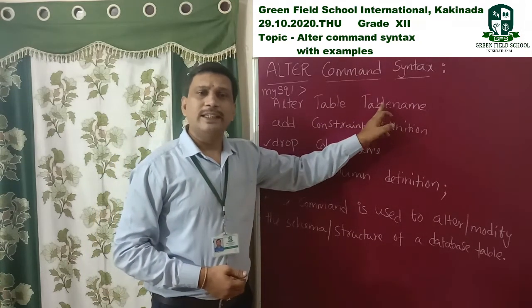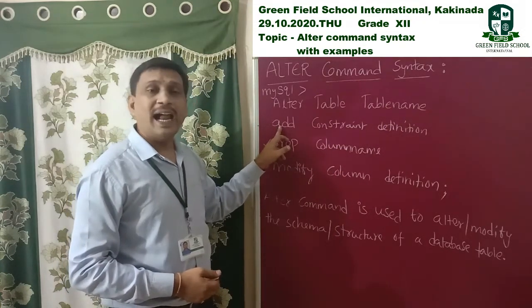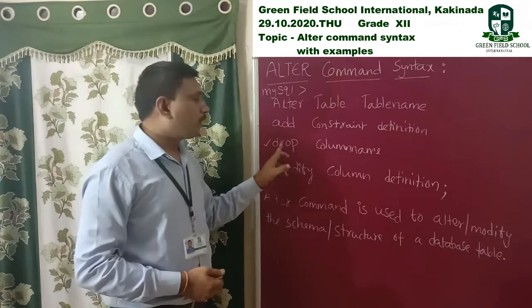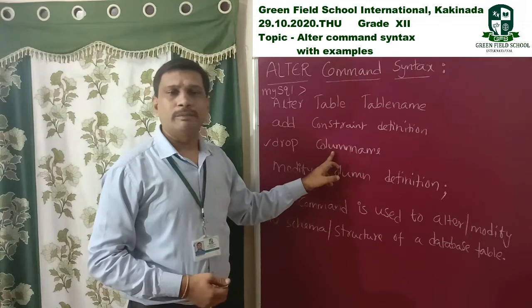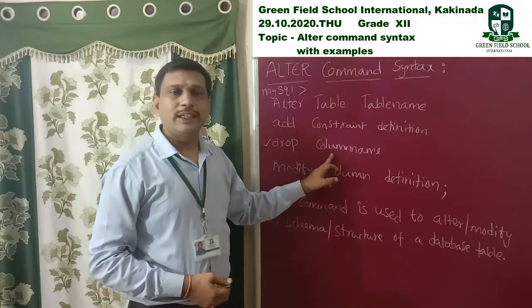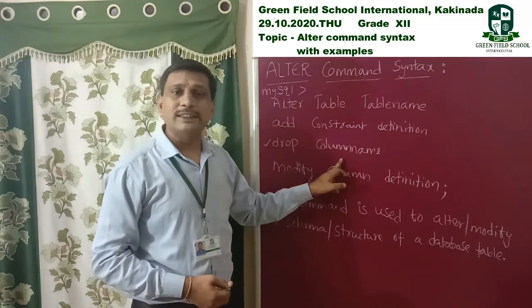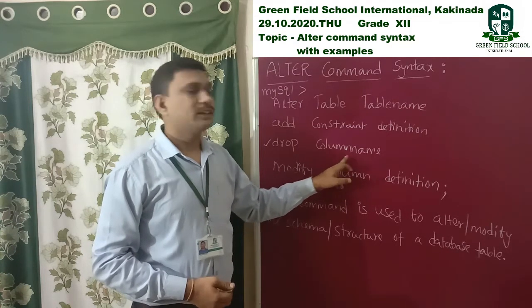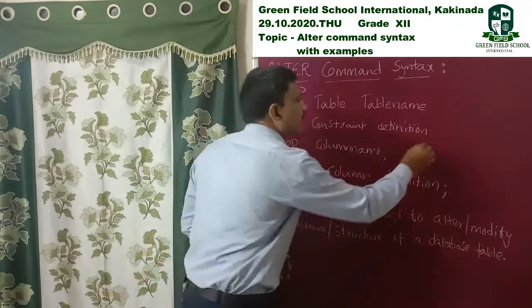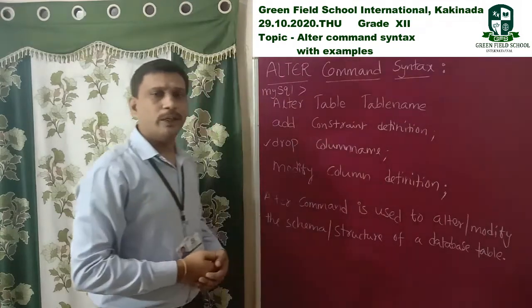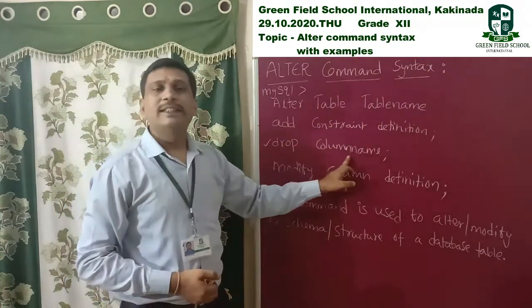Here we do not use add, we specify drop, then the name of the column, that is sal. Then we specify a semicolon. Understood my point? Alter table EMP drop sal.